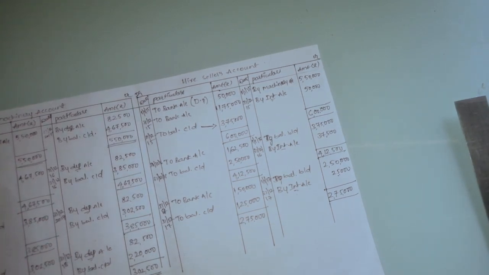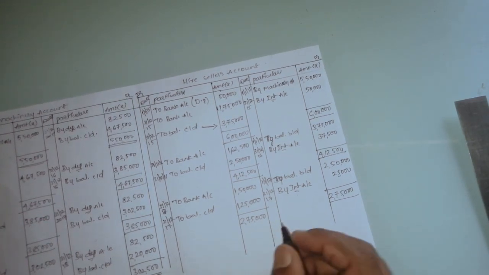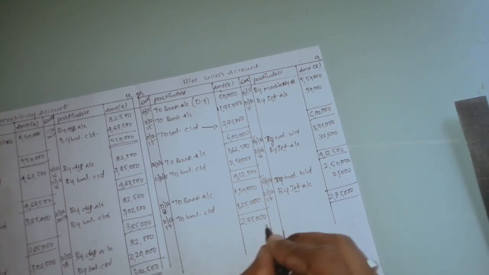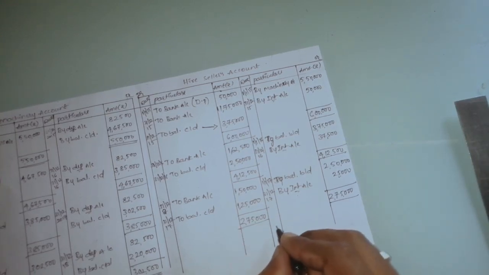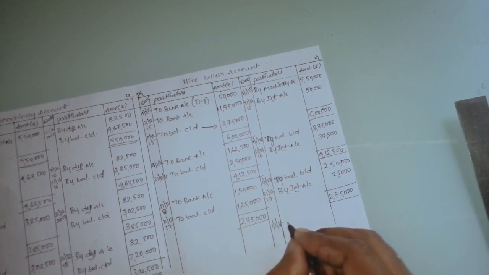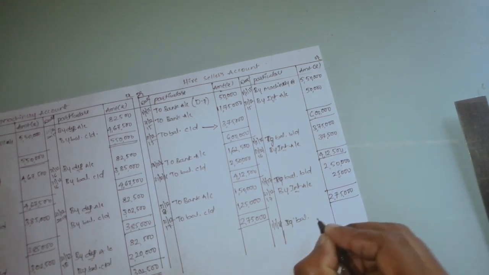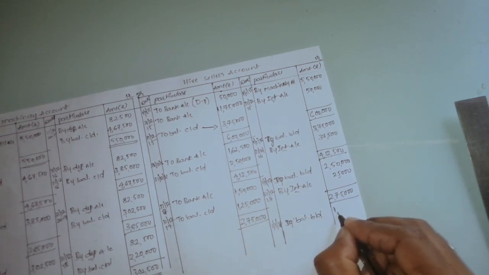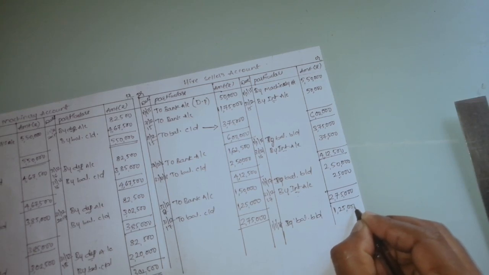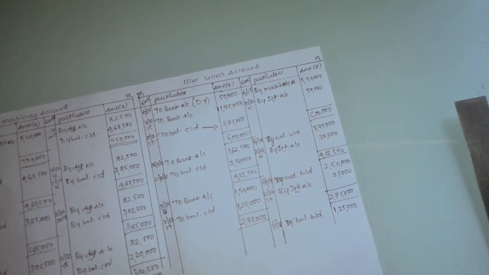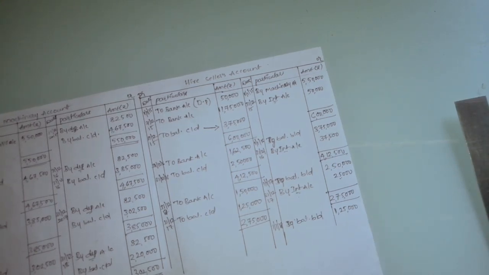Then the last entry will be on 1/1/2018, to balance brought down, how much? 1,25,000. Clear?